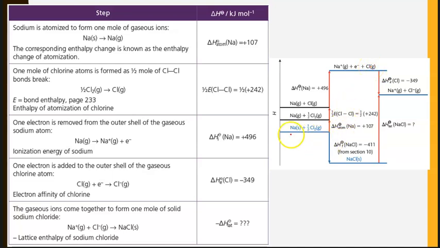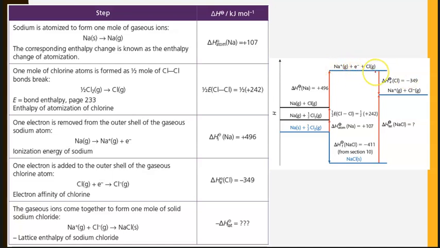So starting with sodium solid and half chlorine gas, we add energy in to get to our atomization, and break our bond enthalpy to get to 1 mole of sodium, 1 mole of chlorine. Then we ionize the sodium, which will get us to our highest energy level: single atoms of chlorine, ions of sodium.